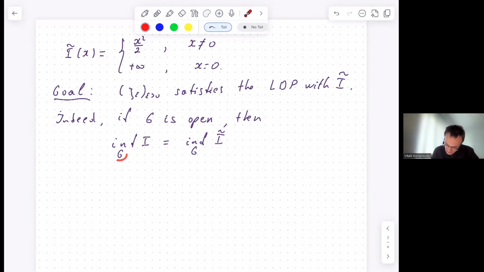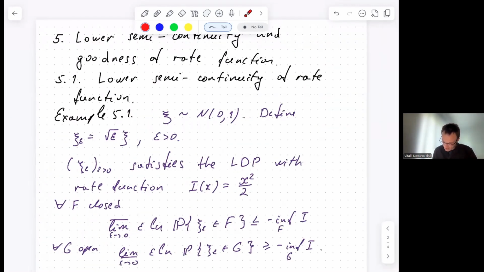But if 0 belongs to the open set G, then since G is open, it contains some neighborhood of 0. Anyway, you need to compute the infimum over that neighborhood, and therefore this plus infinity will not play any role. Therefore these two infimums must be the same, and since you have the large deviation principle with rate function I, you also have this estimate with the rate function I tilde.